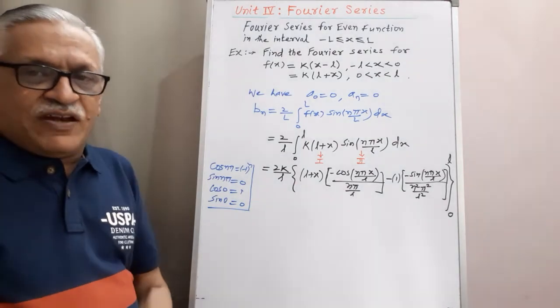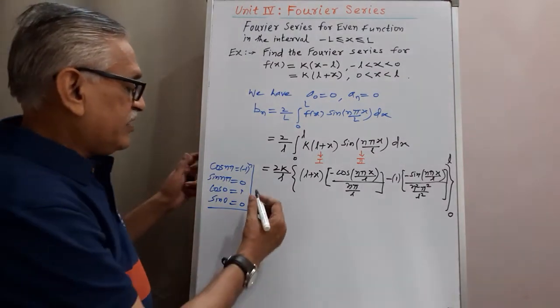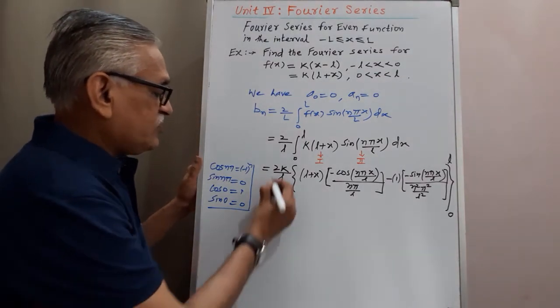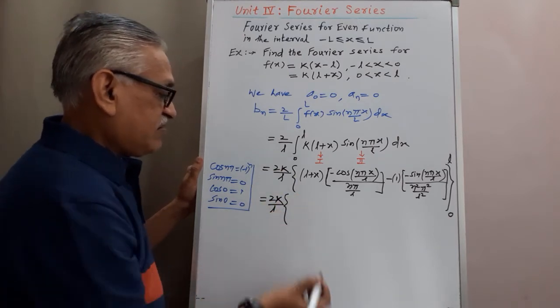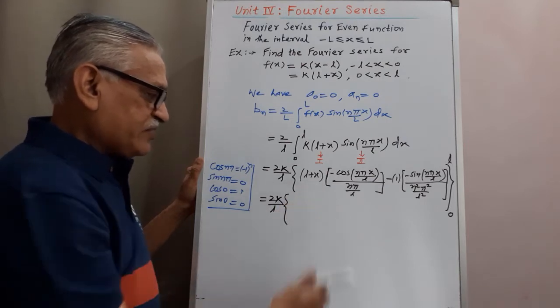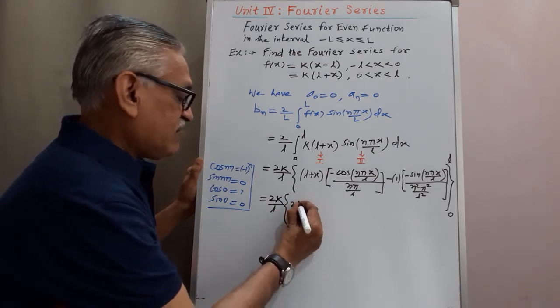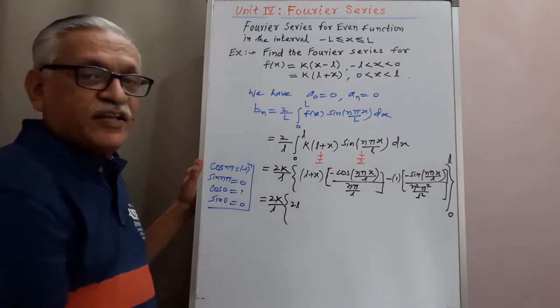Therefore, using these four values, we get 2k/L, L plus L, we get 2L, divided by nπ/L.